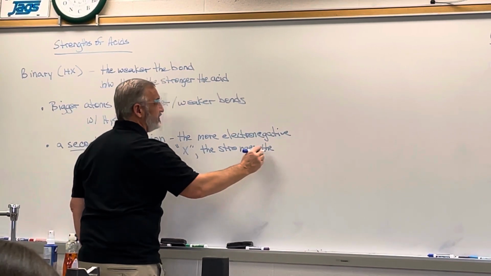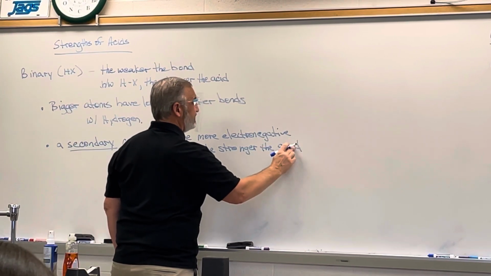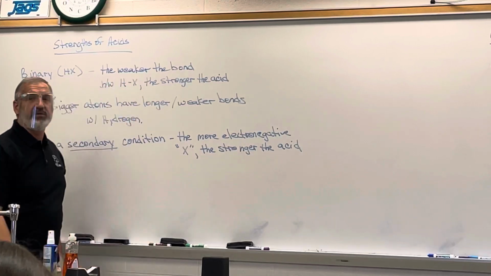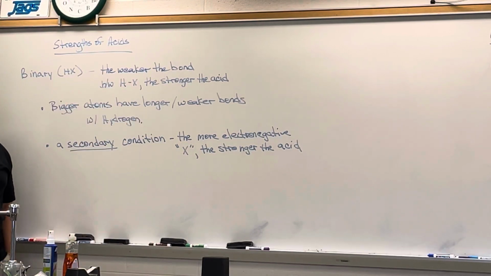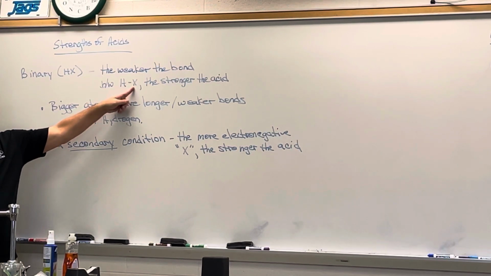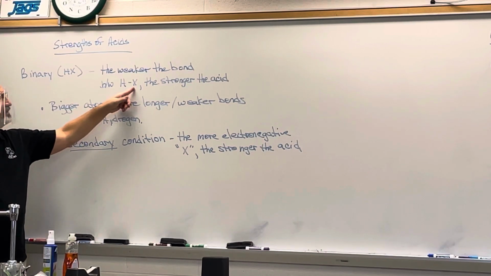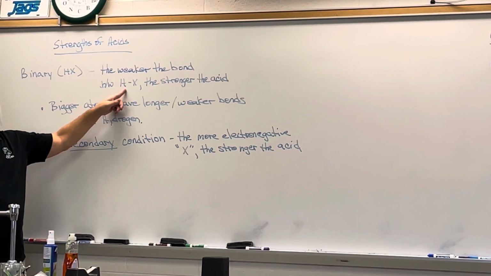Why would the more electronegative one affect the acidity? If I have a highly electronegative X, what's that do to this bond? Does it make the H want to go away?